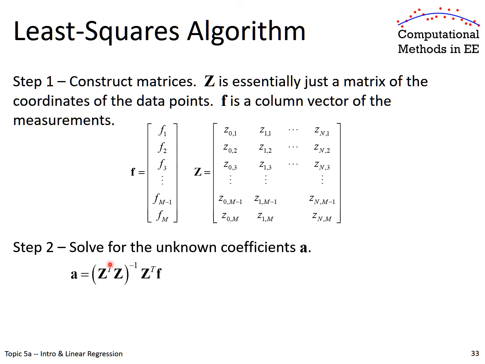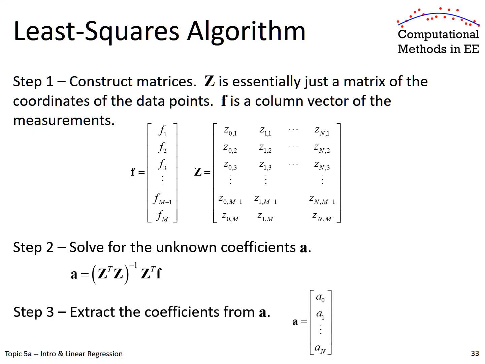So we will multiply Z transpose times Z. We will then multiply Z transpose times F, and then we will backward divide the two and end up with our A. Once we have A, we can extract all of the coefficients for our curve fit, and we're done with the problem.